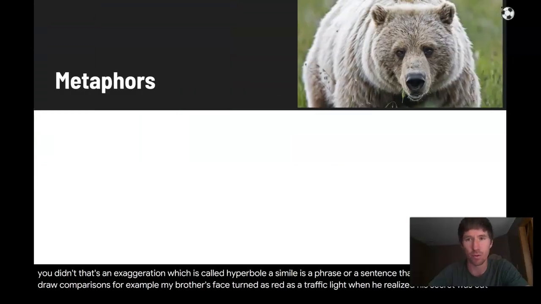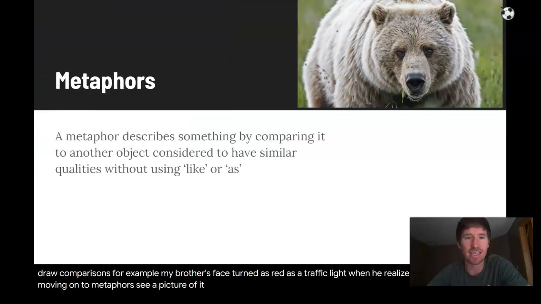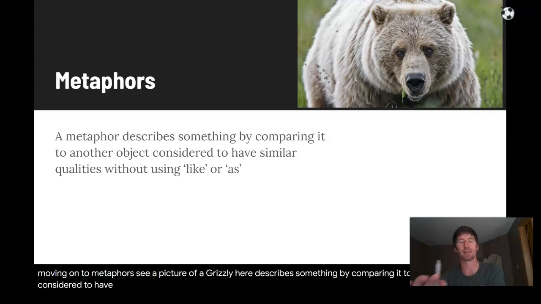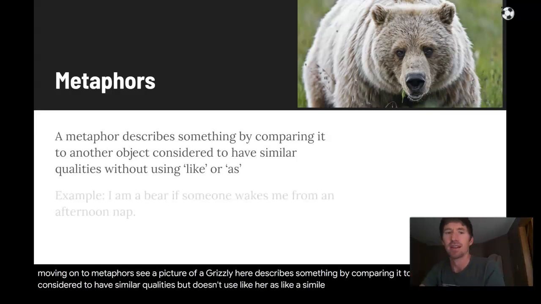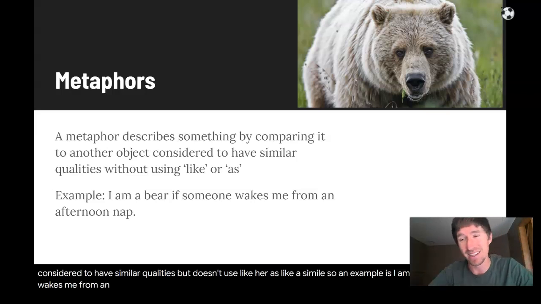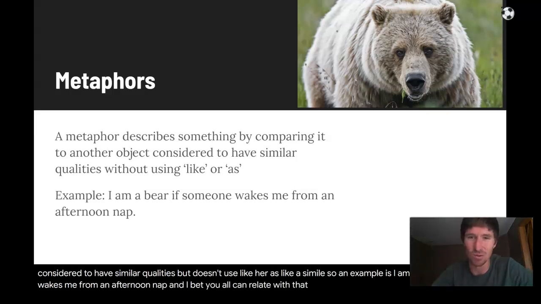Moving on to metaphors. See a picture of a grizzly here. It describes something by comparing it to another object considered to have similar qualities, but doesn't use like or as like a simile. So an example is, I am a bear if someone wakes me from an afternoon nap, and I bet you all can relate with that as well.